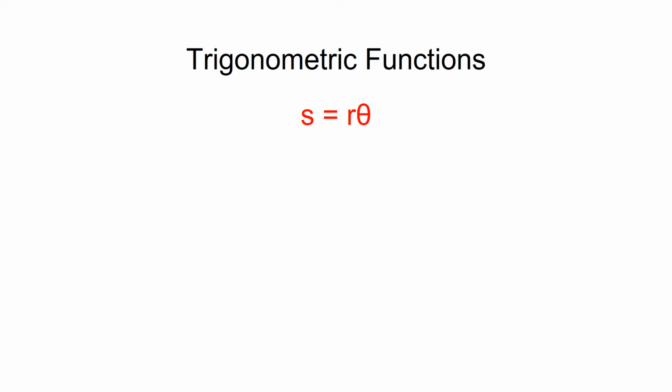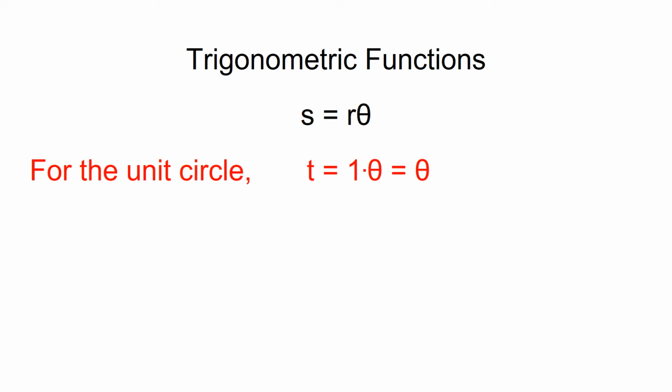Now let's consider an equation that we saw in the last video, that is, s is equal to r times theta, where s is the arc length subtended by the central angle theta, and r is the radius of a given circle. For the unit circle, r is equal to 1, and here t is equal to s, so we have t is equal to theta.